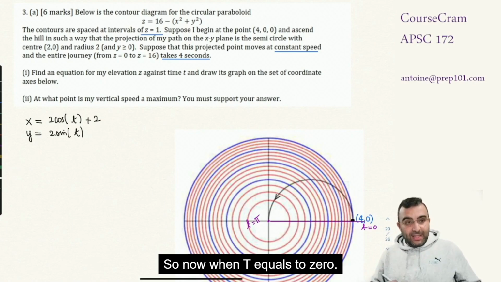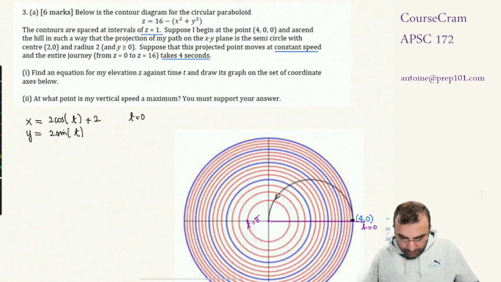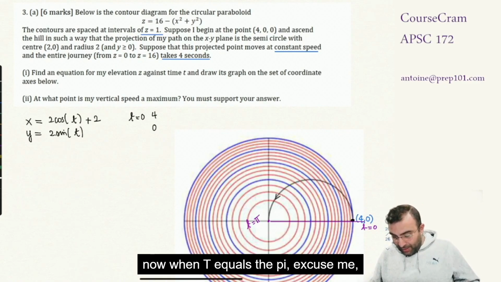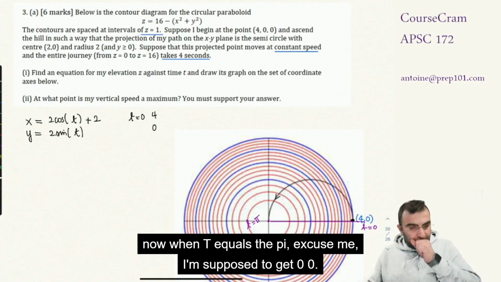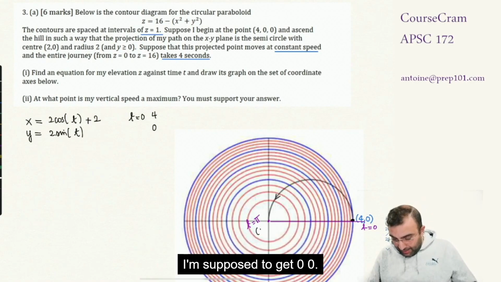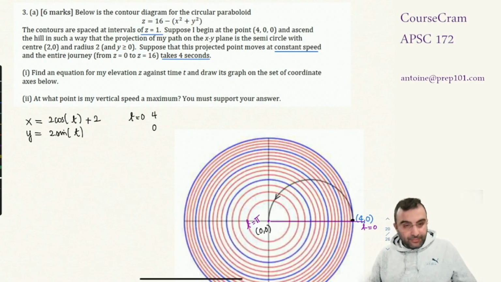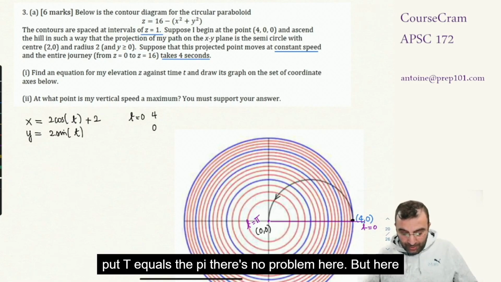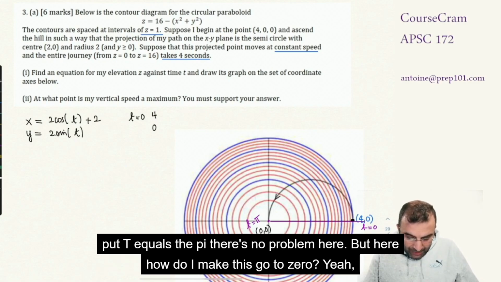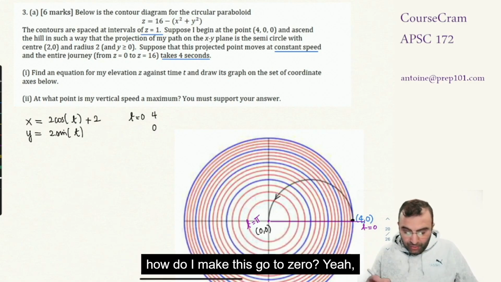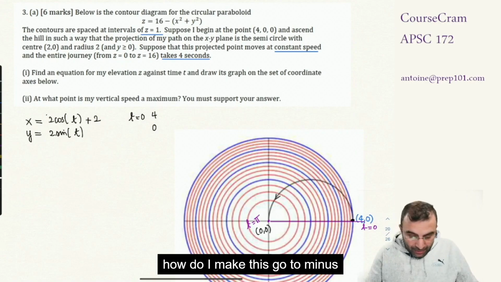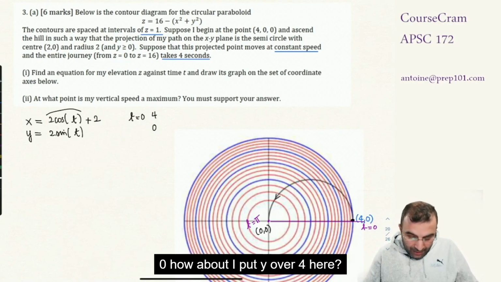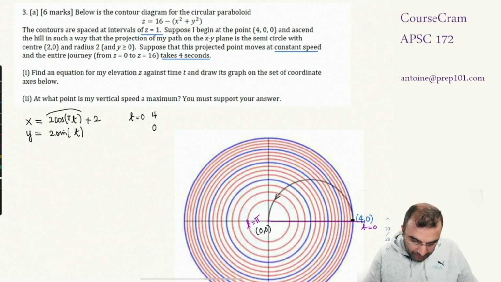So now when t equals 0, I get 4 and 0. When I'm at the end, I'm supposed to get (0, 0). How do I make this go to minus 2? Because minus 2 plus 2 would give me 0. How about I put pi over 4 here?